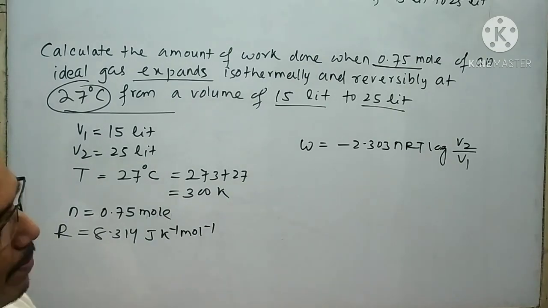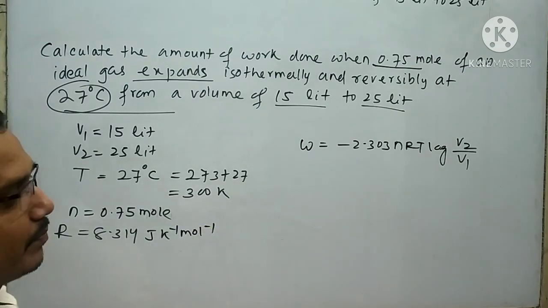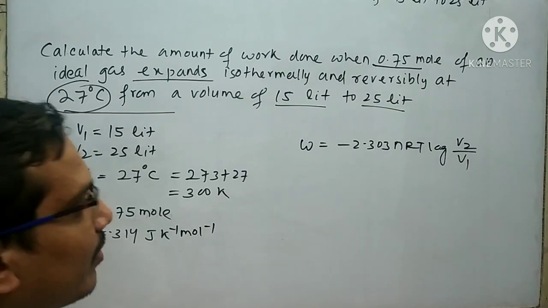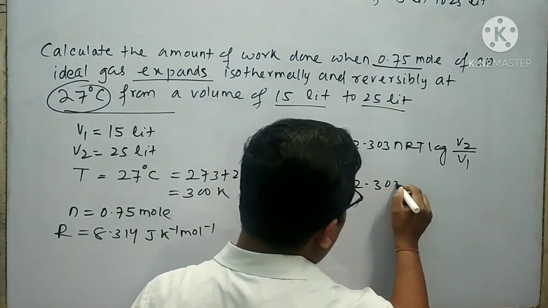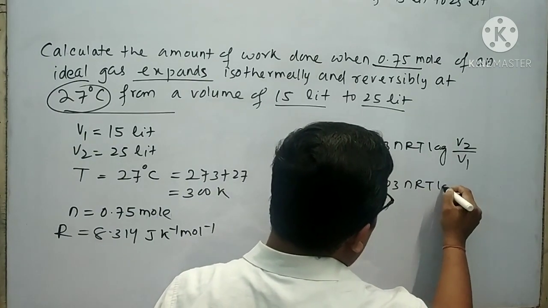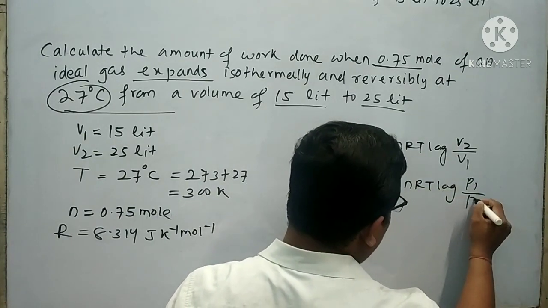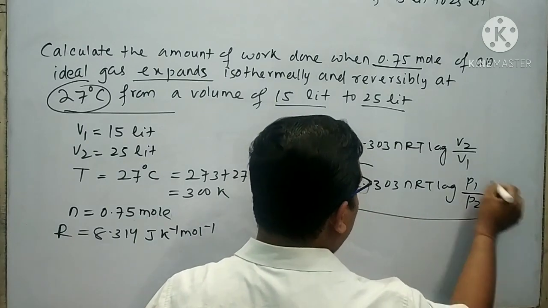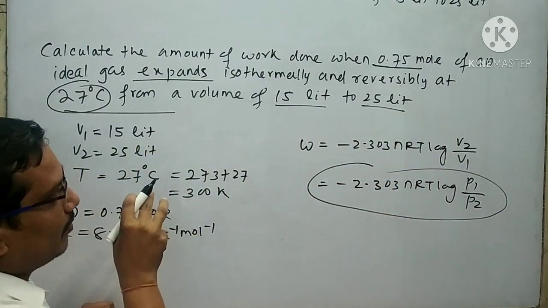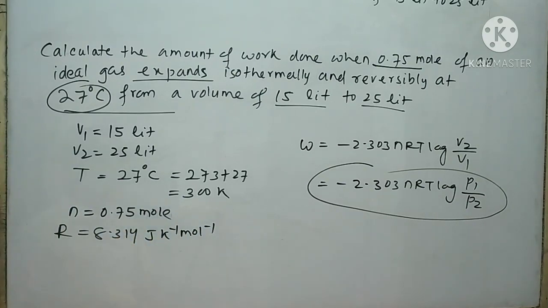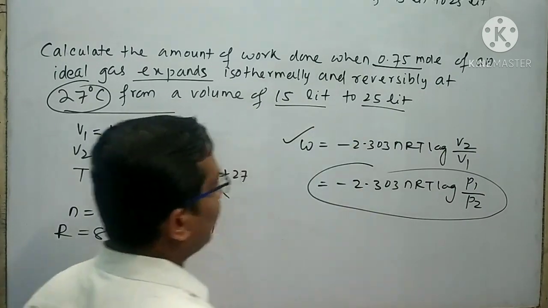So it is bound to apply this formula. Also another formula is given, W equal to minus 2.303 nRT log of P1 by P2, but we cannot apply this formula because in our question the value of volume is given. That means we can think about V1 and V2.